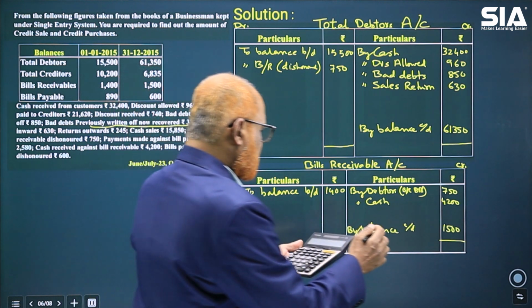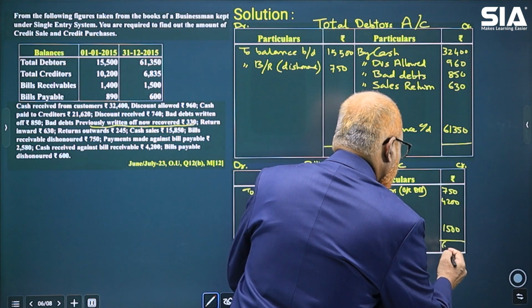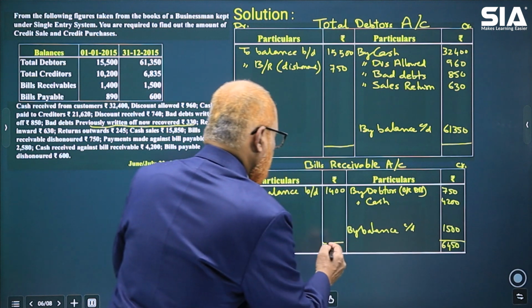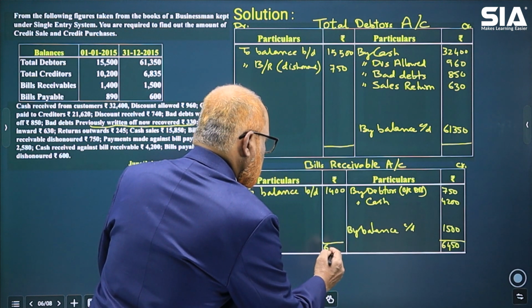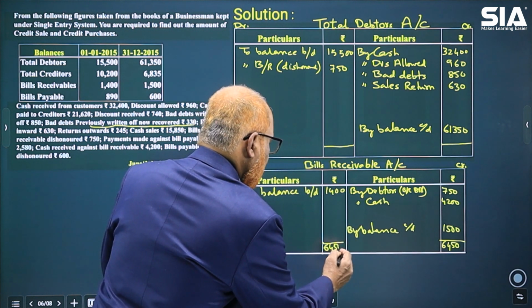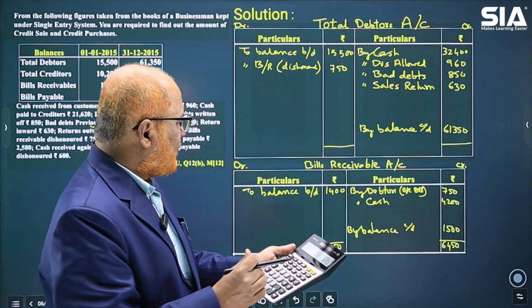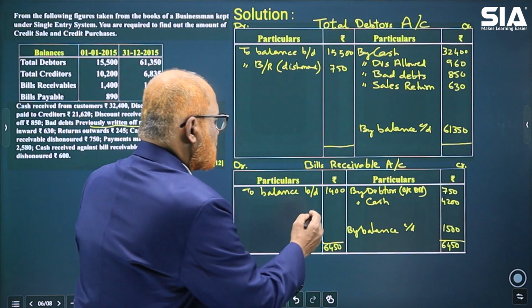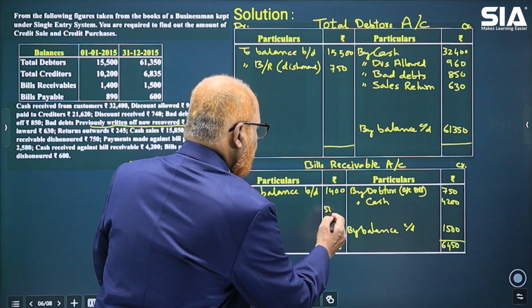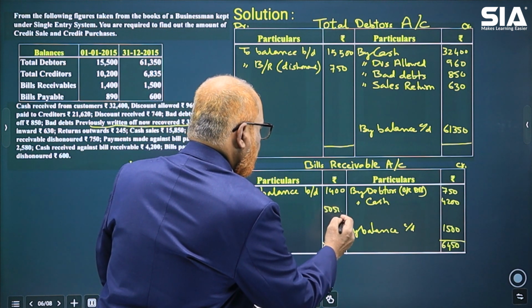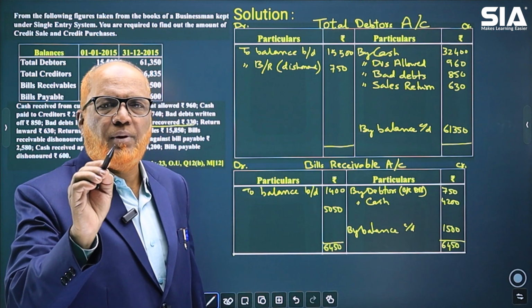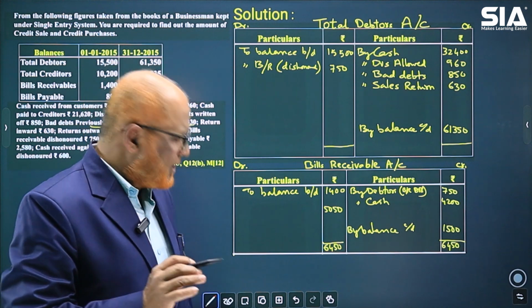It comes to 6,450. Here also we'll take 6,450. From 6,450 minus 1,400, you will get 5,050. These are the bills receivable received during the year.